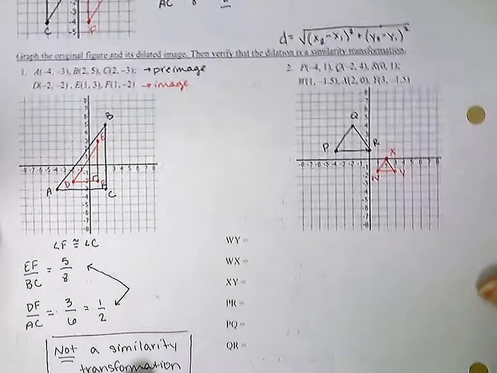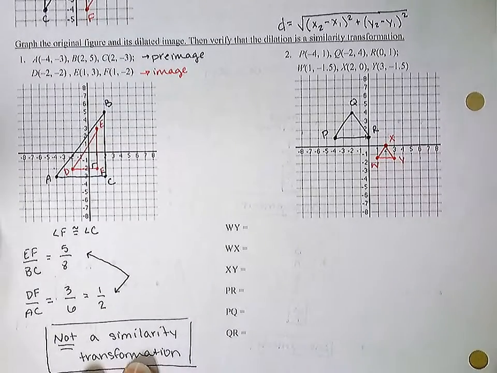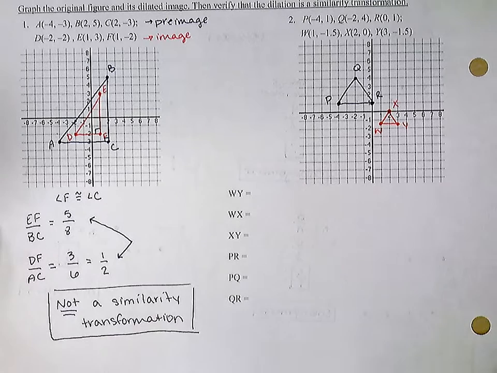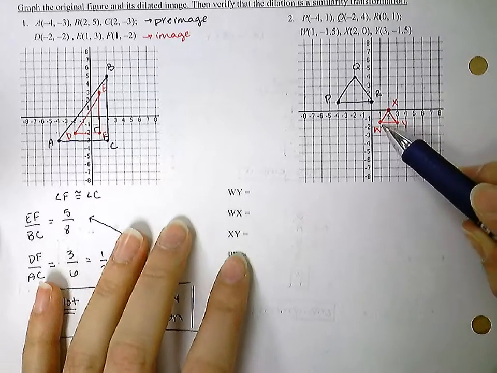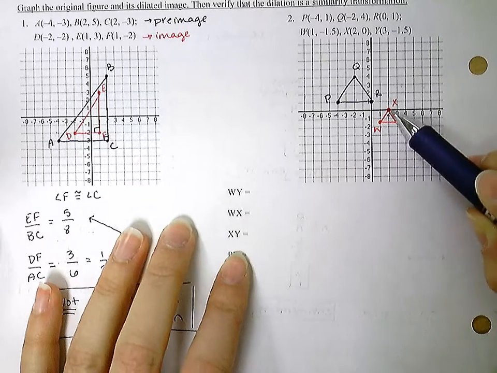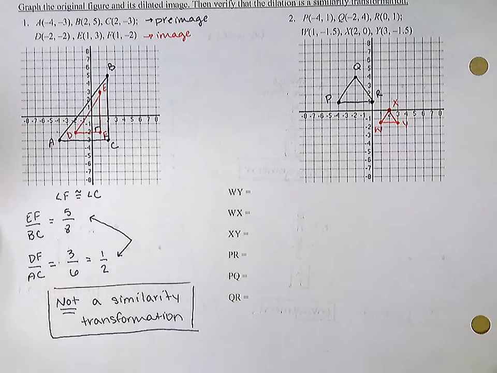So, since I need to find the distance of all the sides, I labeled out all the sides for you below. Okay, so we're going to find the distance of each side. So the first ones, I have WY, WX, and XY. So that's from your image.